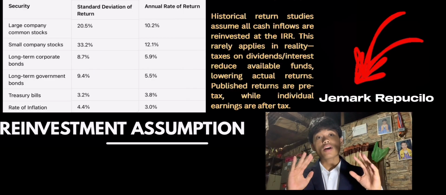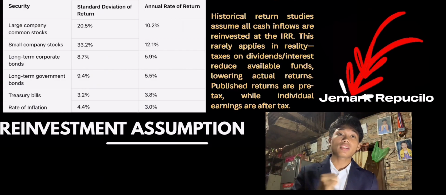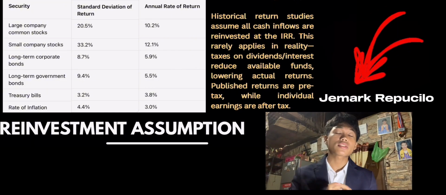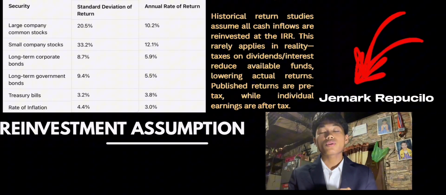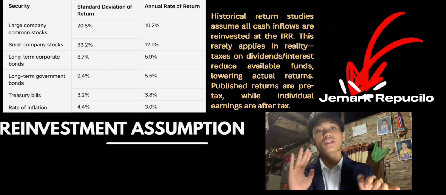So the reinvestment assumption helps investors estimate long-term growth, but actual returns may be lower because of taxes, expenses, and changing market conditions. So higher returns usually come with higher risks.